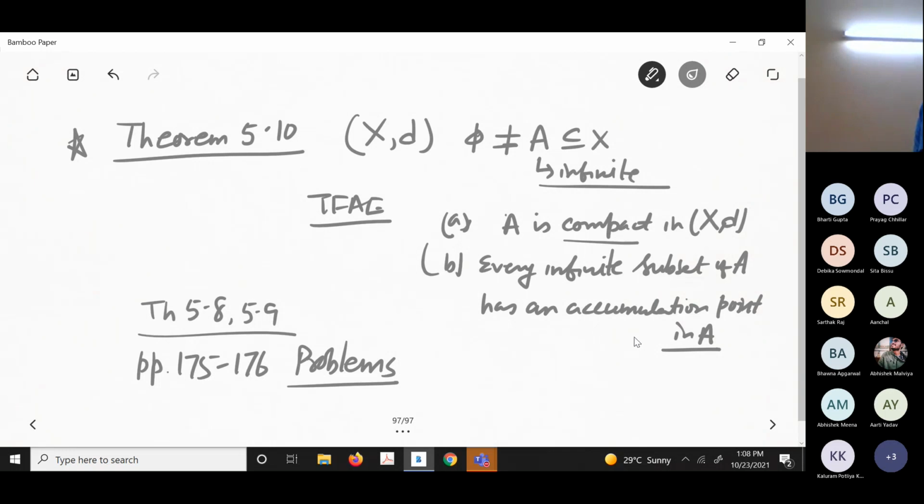And an accumulation point is a particular type of closure point. So if A is closed, then that accumulation point has to be in A. That's why you need this.